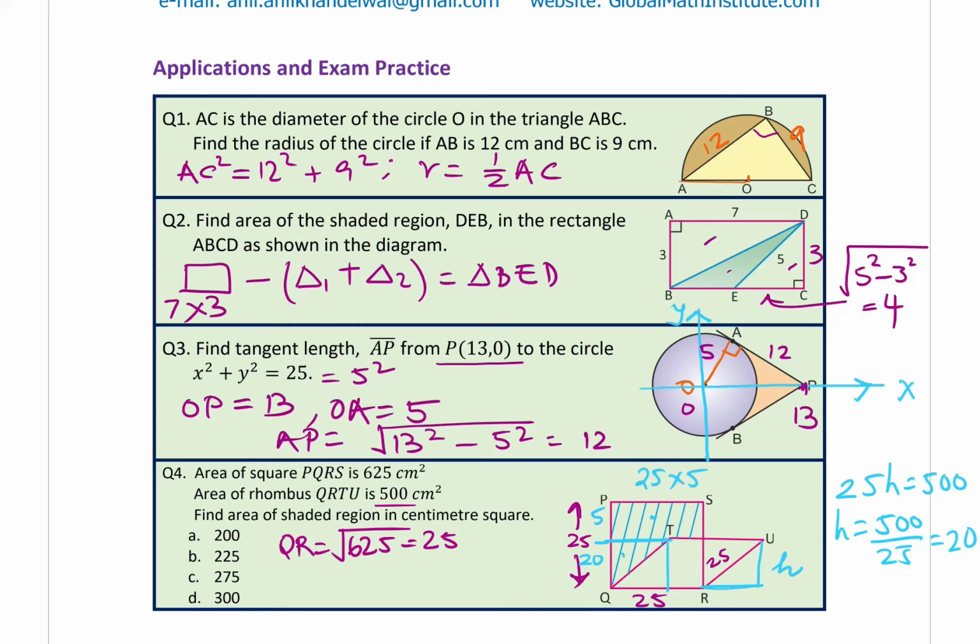You can figure this out from the symmetry. We can find the length using the Pythagorean theorem. Since we know the sides are 25 and 20, this side will be the square root of 25 squared minus 20 squared. That will give you this particular length, and then you should be in a position to find it.